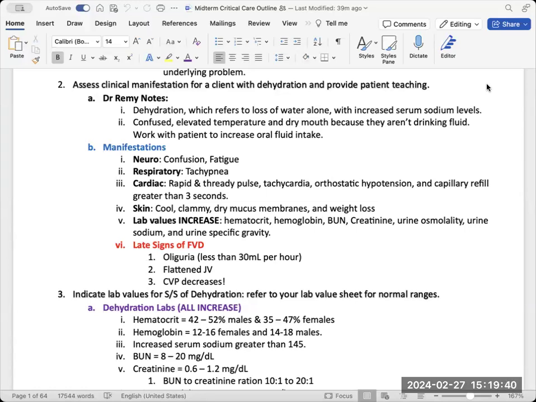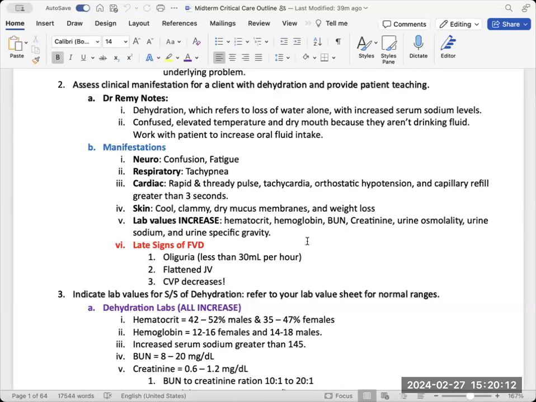Other manifestations include confusion. I like to separate it by system. So for neuro, we're talking about confusion and fatigue. For respiratory, we'll typically see tachypnea, which is that increased respiratory rate. For cardiac manifestations of dehydration, we're talking about a rapid and thready pulse, tachycardia, orthostatic hypotension, capillary refill being delayed, things like that, okay?